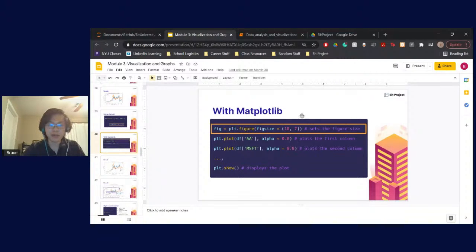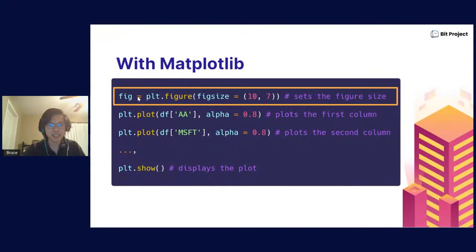So the way that you do it with Matplotlib is that you need to create a fig object first, right? So you say figure is equal to, and then you call plt.figure. And plt.figure lets you set a bunch of parameters for the figure. The figure is, say, the canvas on which you're putting your plot. So plt.figure gives you a lot of options for parameters that you could pass into it to change different aspects of your canvas.